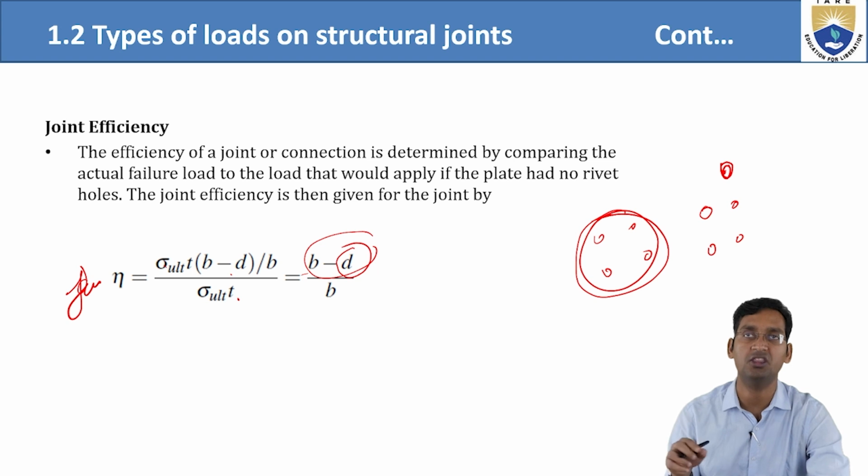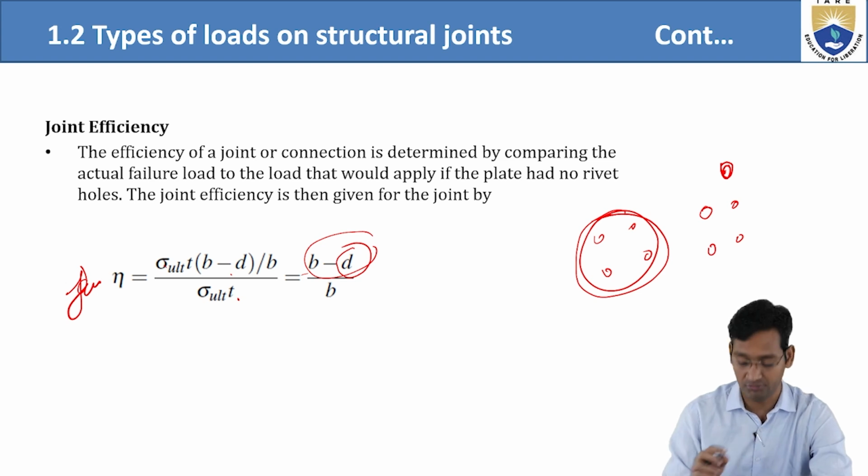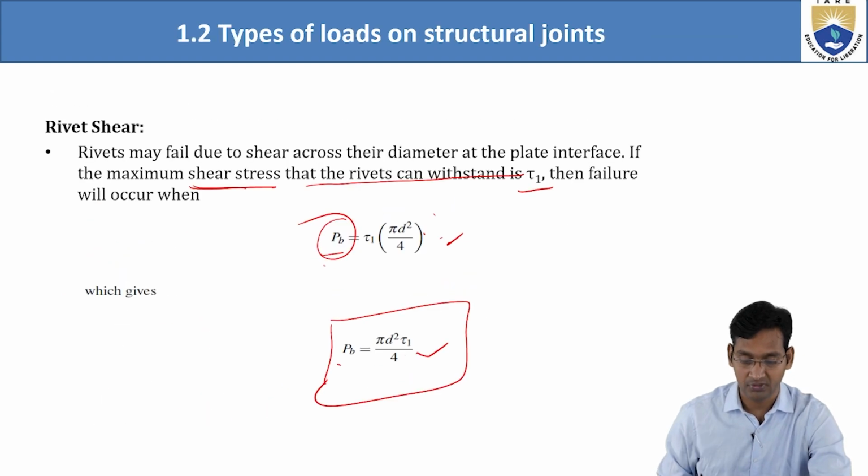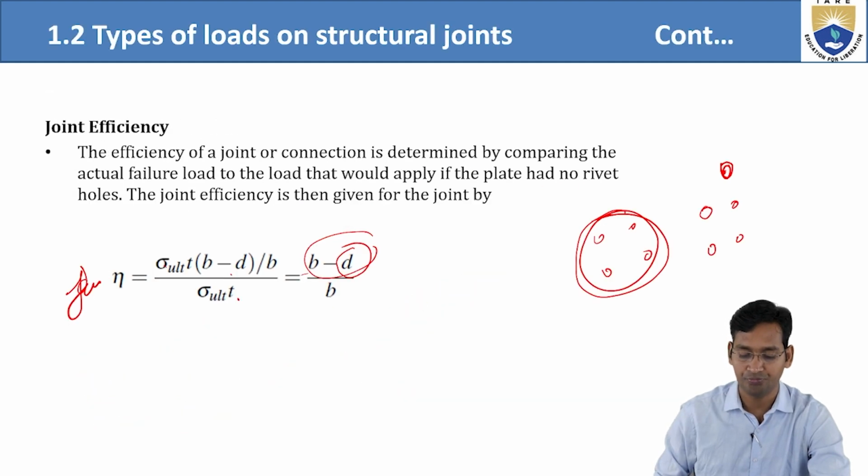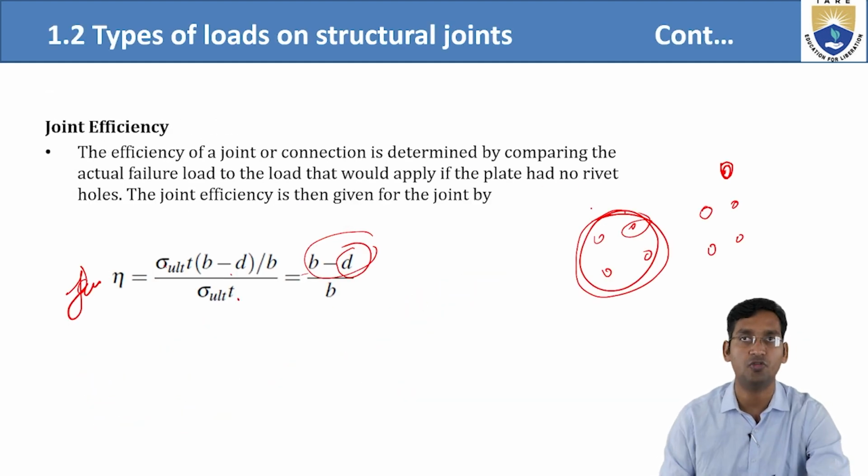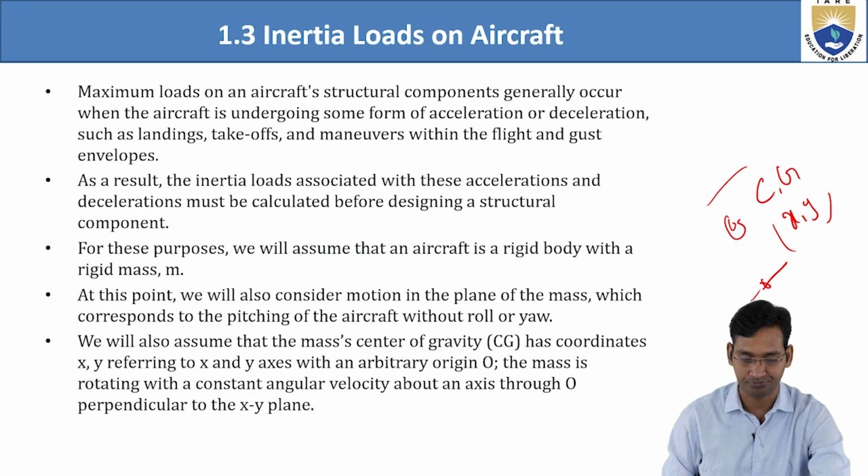That's why instead of keeping one bigger diameter rivet, we keep a small size but require a greater number of rivets, as we had already seen in the beginning, so that the efficiency becomes the maximum.